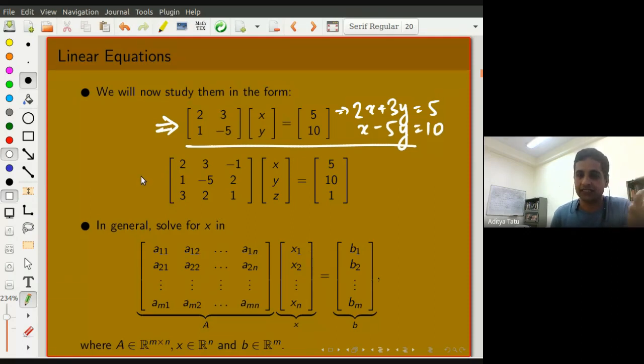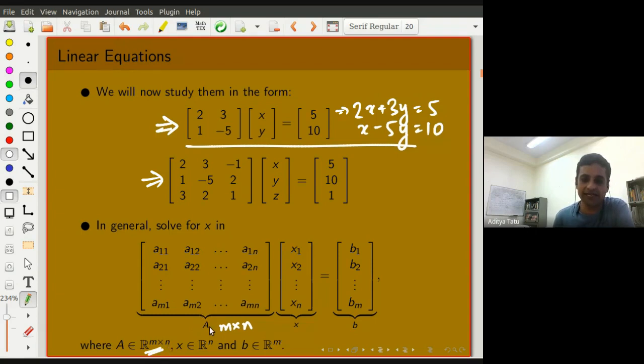And the linear system which had 3 equations in 3 variables will now be represented in this way. And in general, as I told you, we are now going to up the scale, not just 3 by 3, but a much larger system. In general, you will be able to write this matrix A as an m by n matrix, and all these numbers in the matrix will, for now, be only real numbers.